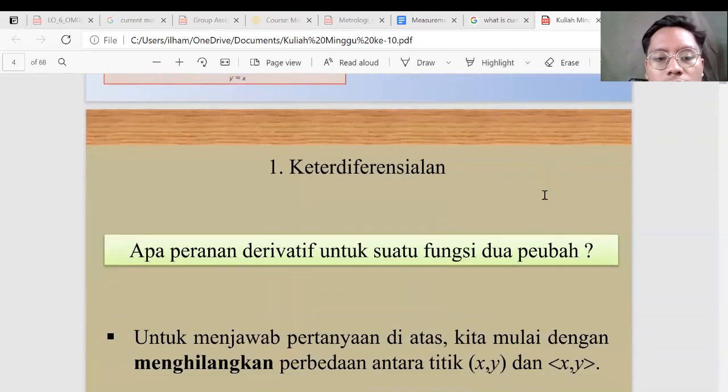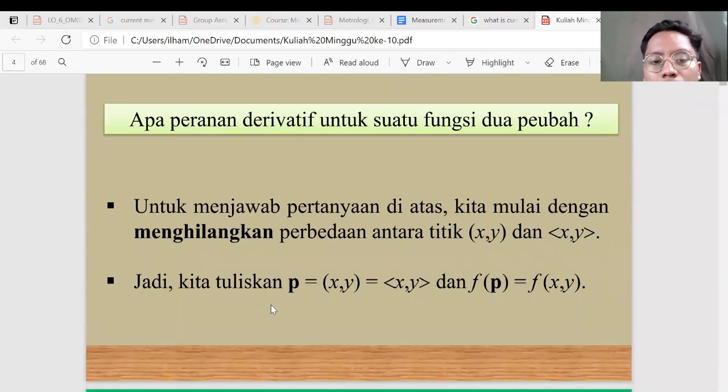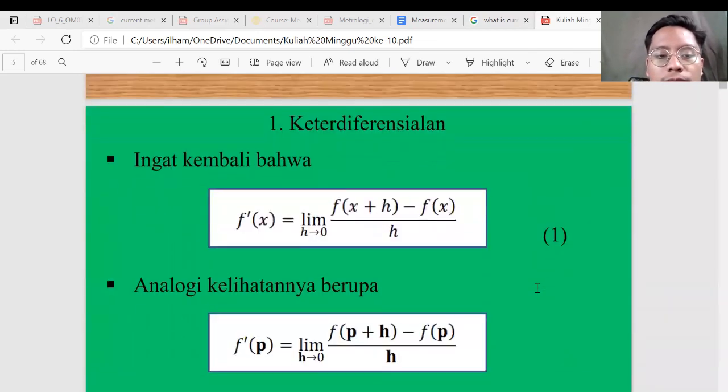That means that this graph doesn't have a tangent line at the origin. And what is the derivative of the function? We need to see the difference between the one variable and the two variable cases. So we write p equals (x, y), and f(p) equals f(x, y).